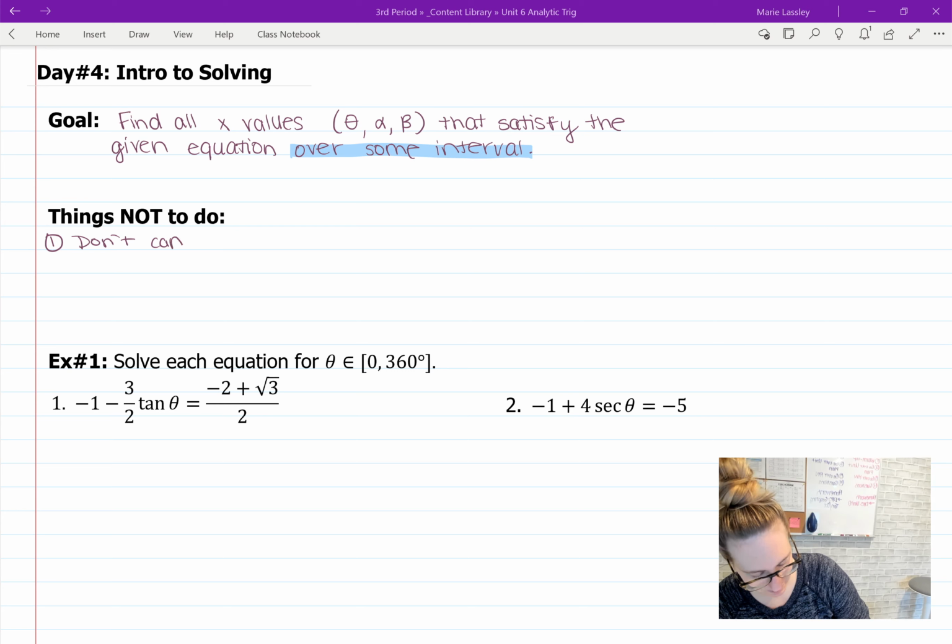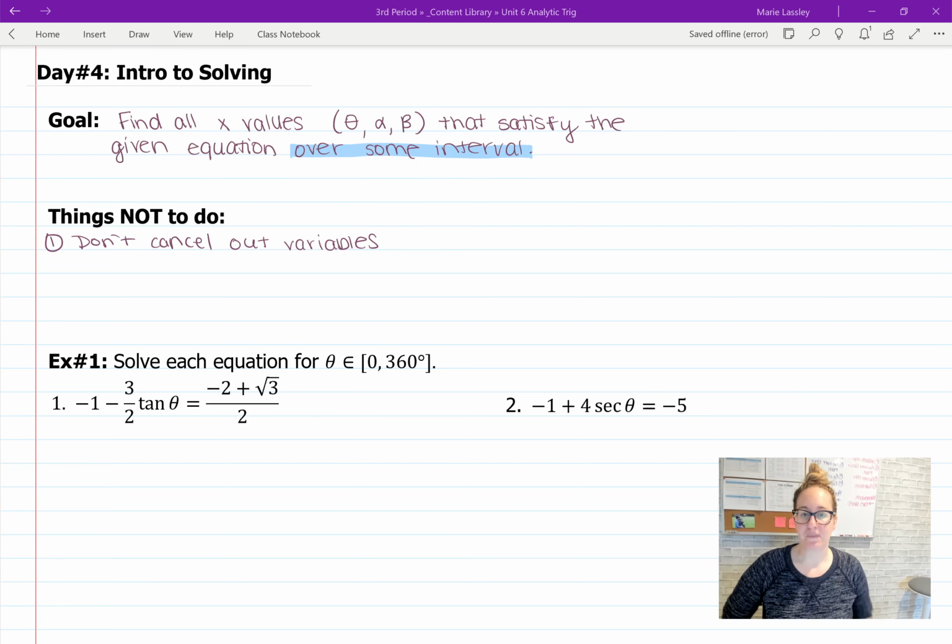Example: 36x to the 4th equals 25x squared.